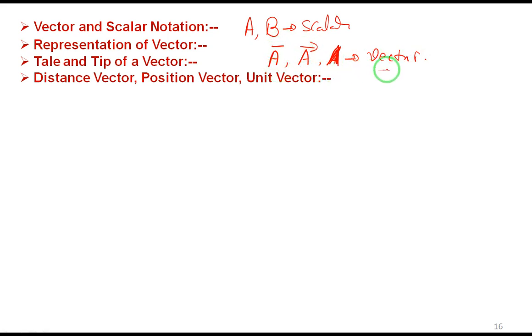This is the notation for vectors. The notation for a scalar is just a small letter, A, B. In textbooks they also use italic letters, and there are several other notations if you refer to other textbooks. Now coming to the representation of a vector, I will consider one point here.